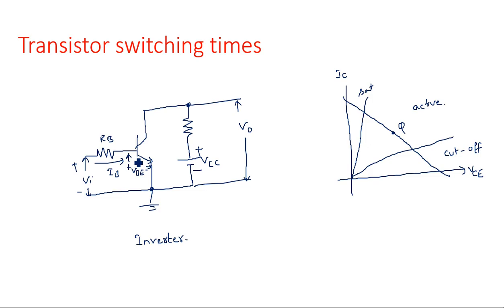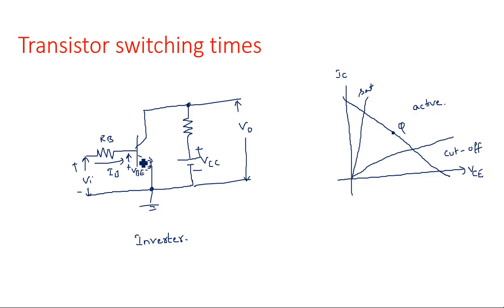This is the junction voltage. Base and emitter, this is the junction. There exists a diode. In order to switch on this transistor, it should maintain a minimum cut-in voltage of 0.6 or 0.7 for silicon and 0.2 or 0.3 for germanium. That minimum voltage is required to make the junction on.